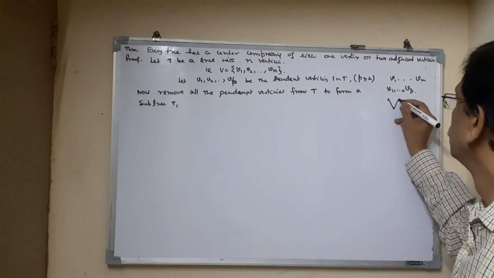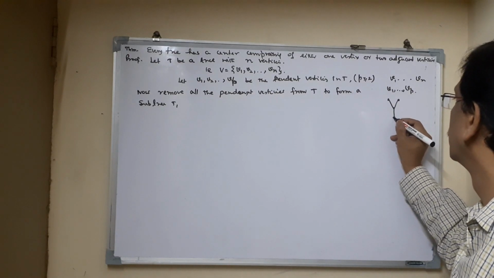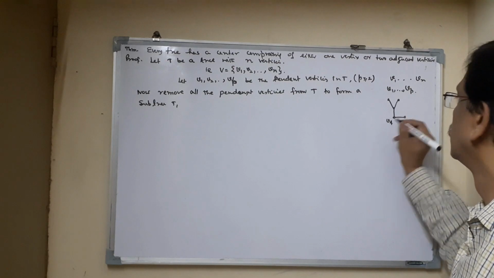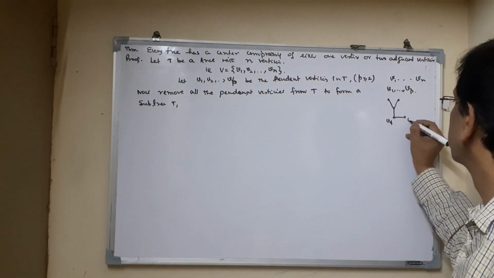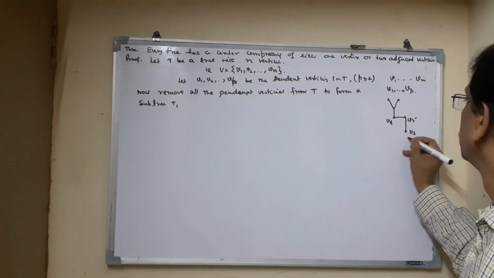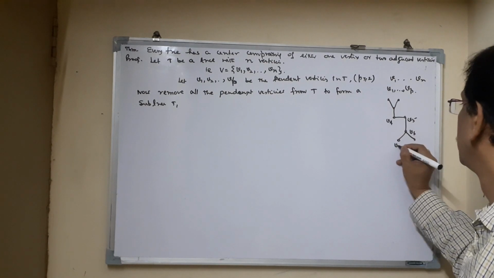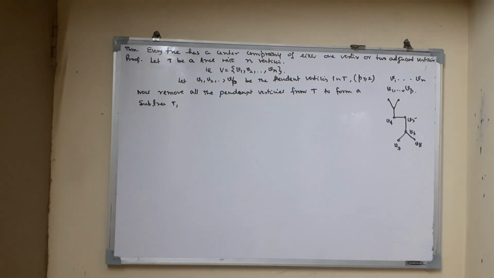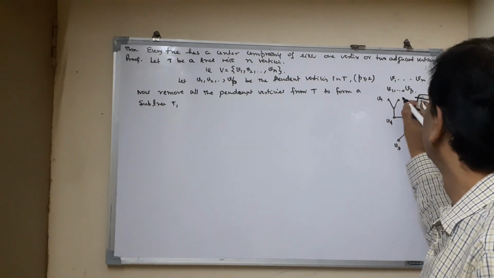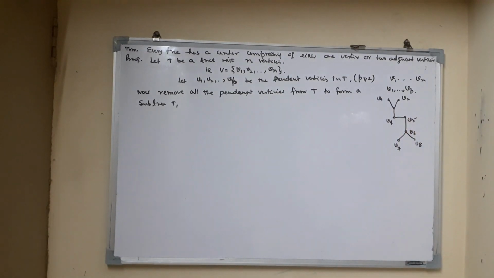I want to show it only for the visualization of this proof. It's not the proof. It is just a model. Now I have P pendant vertices, and I am removing them. I will have a subtree T1.